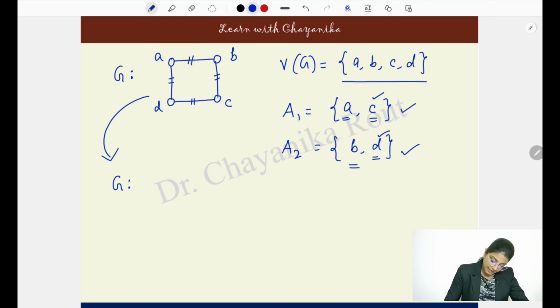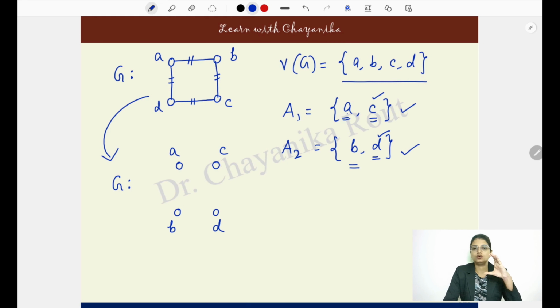So, since capital A1 is one partite set and the vertices included in capital A1 are A and C, these vertices should be kept in a single row, that is in one horizontal level. And the vertices of the other partite set, capital A2, that is B and D, should be kept in the other level. So we have to create two rows basically, because we have a partition into exactly two partite sets.